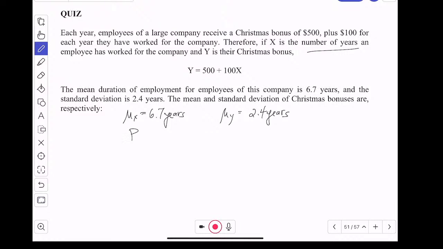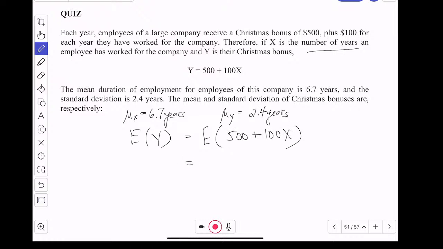So then the expected value of y is the expected value of 500 plus 100x.